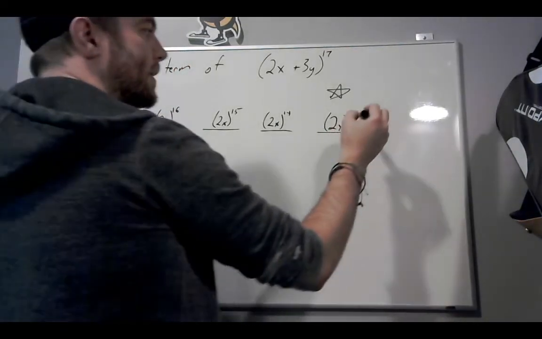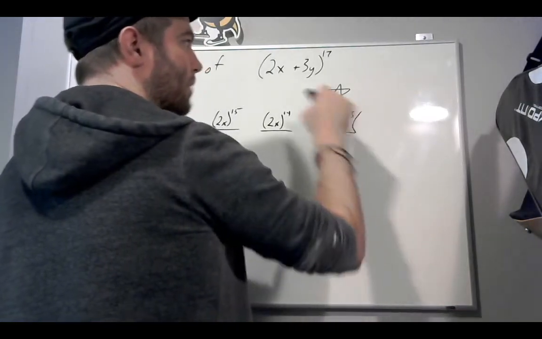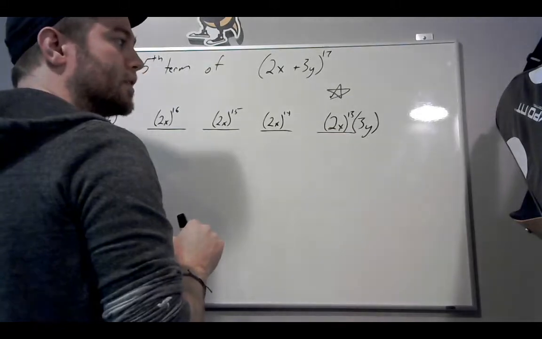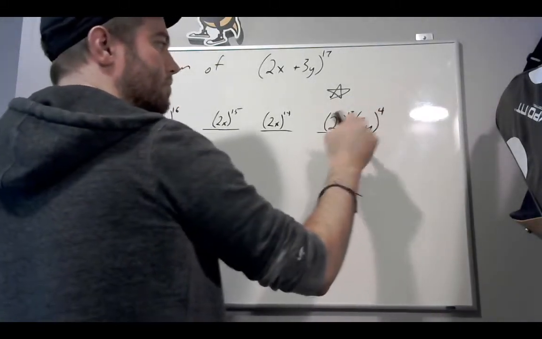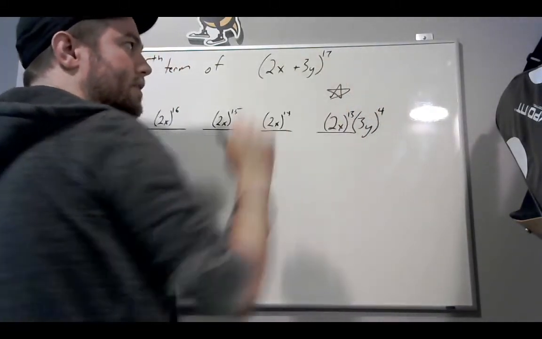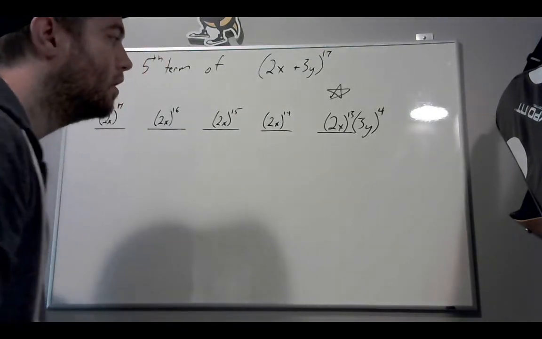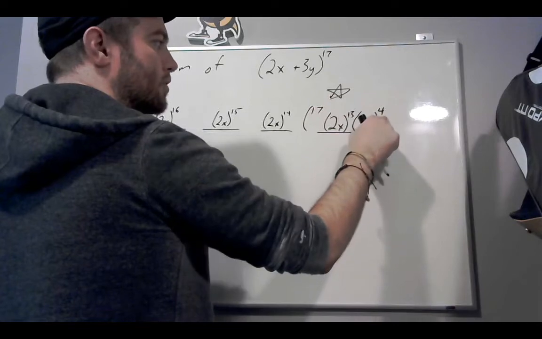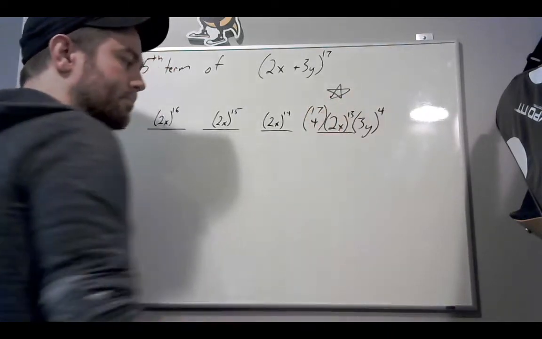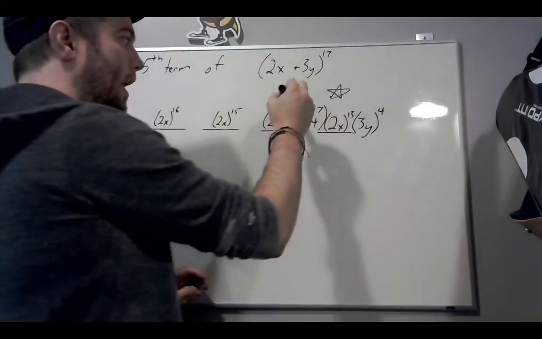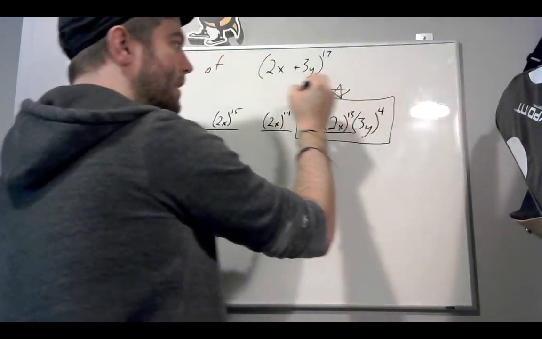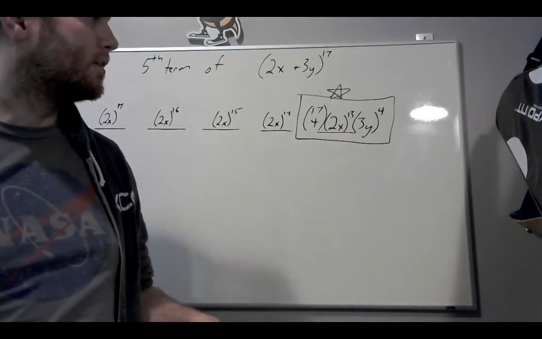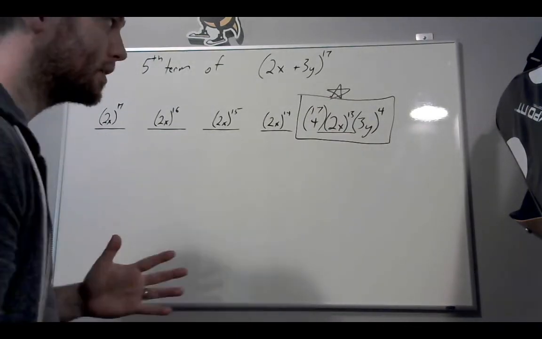So we know that this is going to get multiplied to the second term, which is 3y, and the power it's going to be raised to is 4, because 13 plus 4 is 17. So the last piece out of the 17, I'm going to be choosing 4 of them. So now that we have this piece of information, I am just going to go and calculate each of these pieces by raising them to their respective power.